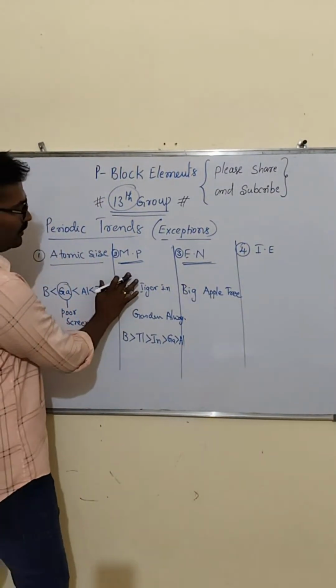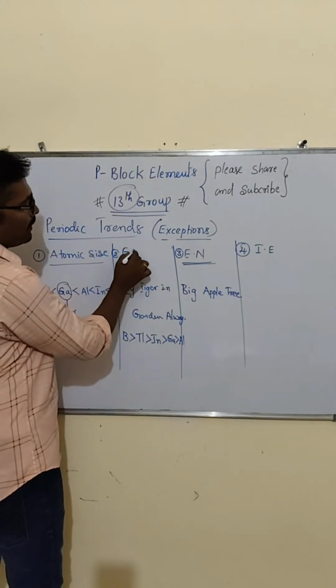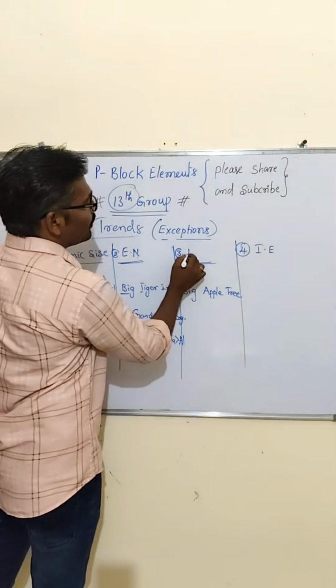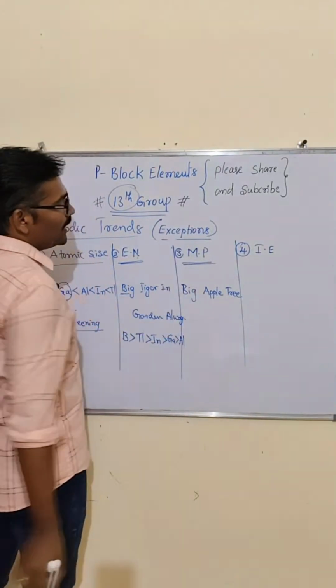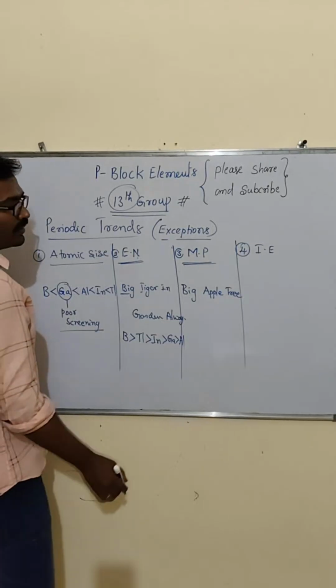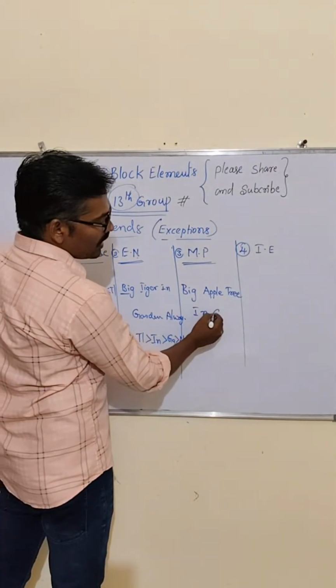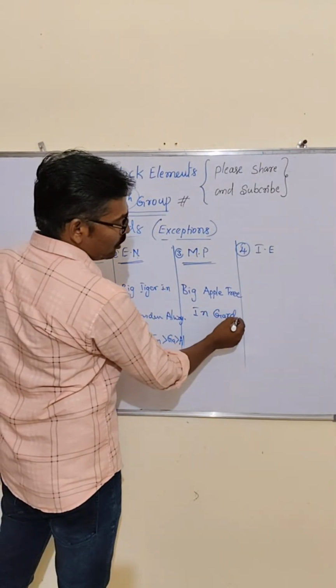Sorry, this is the electronegativity order, and this is the melting point order. So how to remember the melting point order? Big apple tree in garden.